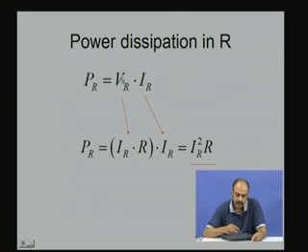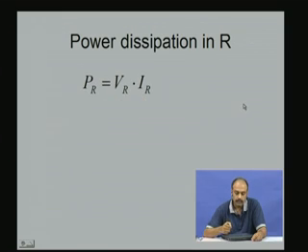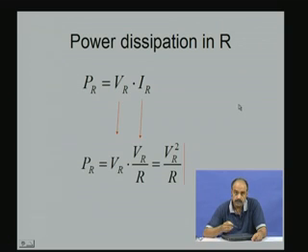Now, this V we saw by Ohm's law can be written as I into R, and multiplied by the further component of current, it is equal to I square R. So, the equation for the power is I square R. The power dissipation can also be written with IR as VR by R, as we saw earlier in the governing equations.